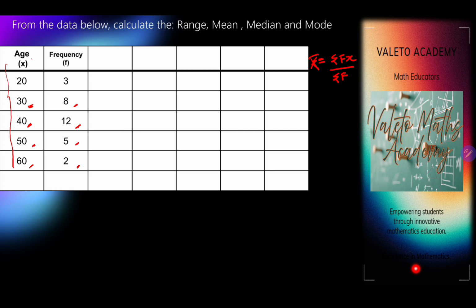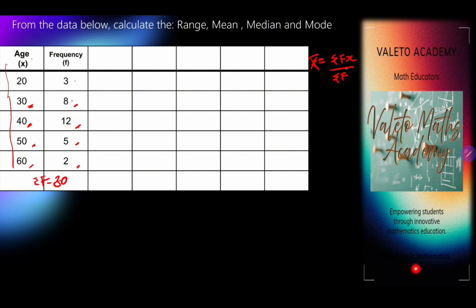So given this formula, then we have to total our frequency first. That's the first thing we do. So if we total our frequency, we're going to have 3 plus 8 is 11. 11 plus 12 is 23. 23 plus 5 is 28. 28 plus 2 is 30. So we have the total frequency to be 30. So we can say that summation of f is equal to 30.